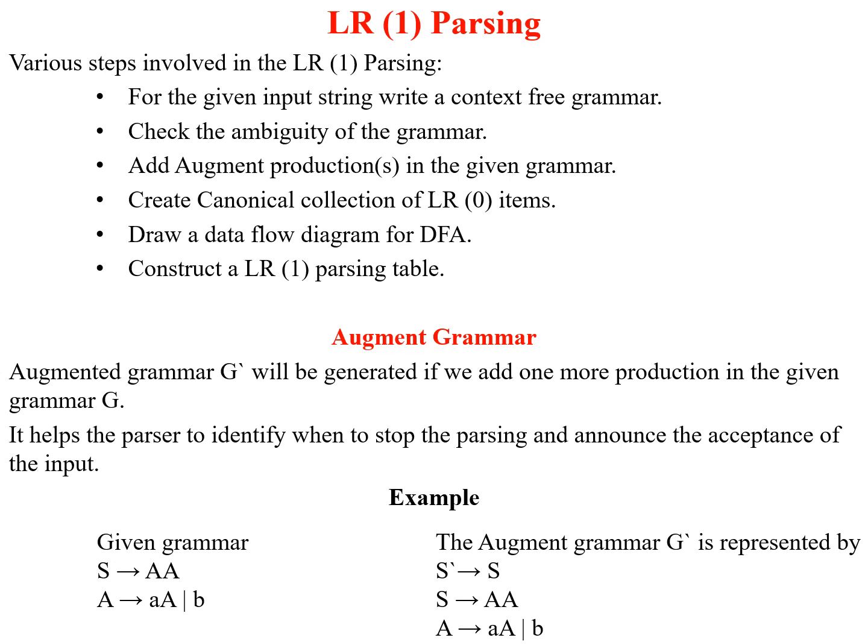Now we are implementing automata theory here, DFA. That means we are creating the DFA for the LR0 items generated in the previous step, the canonical collection of items. Finally, we are constructing the LR1 parsing table. All these above steps we'll see in the coming classes.